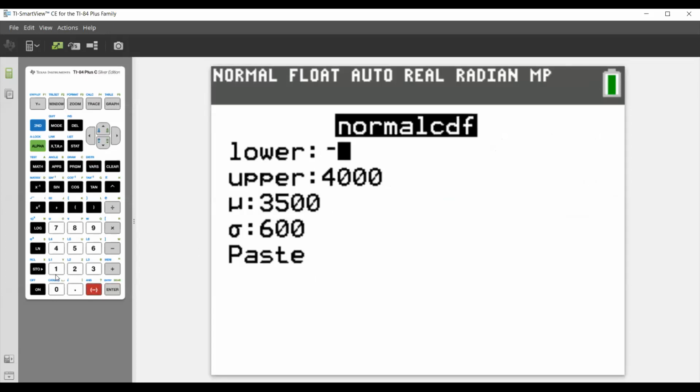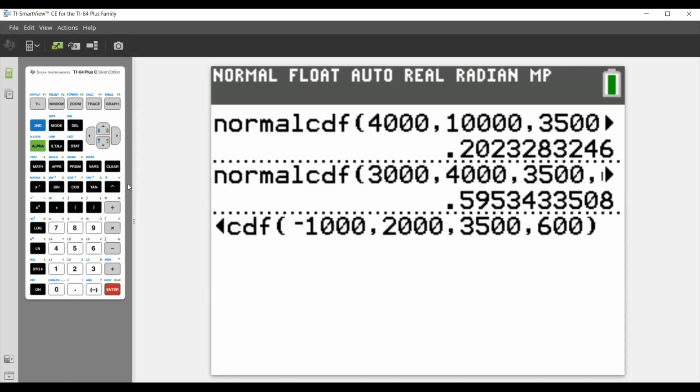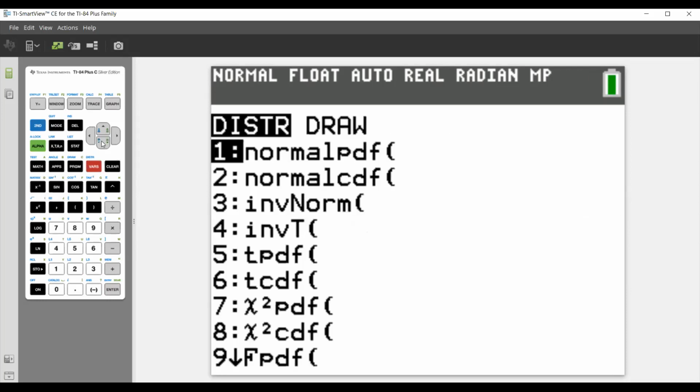So put a negative 1,000 here if you want. Okay. And we said it was going to be less than 2,000. So we have to put 2,000 for the upper endpoint. This is our lower tail part of the question. Then we have to do add. We're going to add the second probability. Again, do second normal CDF.